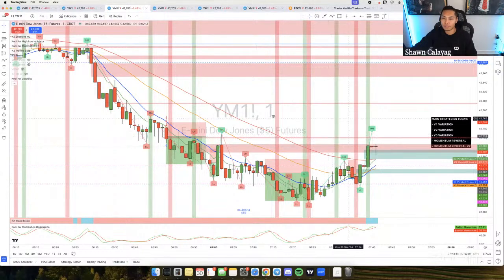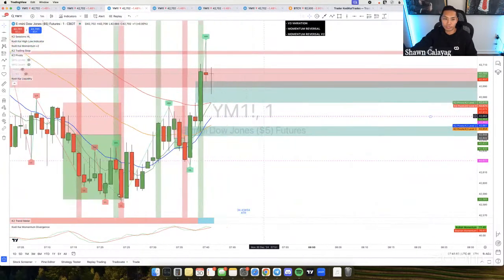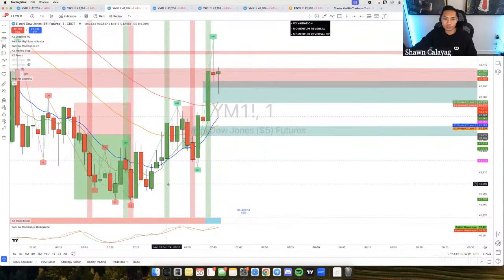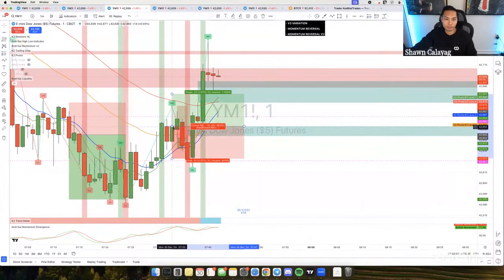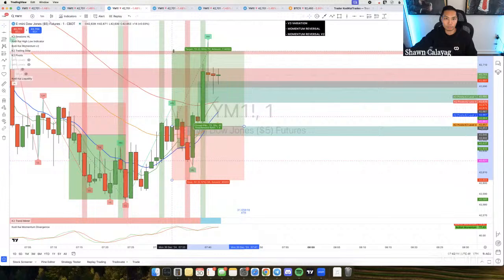Nice work, Sam. Yeah, so Sam took the V1 variation down here for 100 points, finally hit, and now he's done. So nice work right there, Sam. Sam looked like he caught it from this one right here, right? Yeah. There was a V1 there, but it disappeared, of course, because obviously the low got pushed down further.